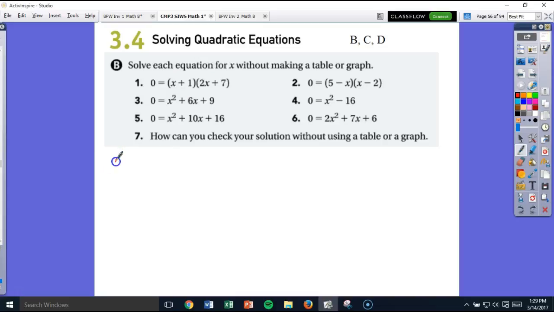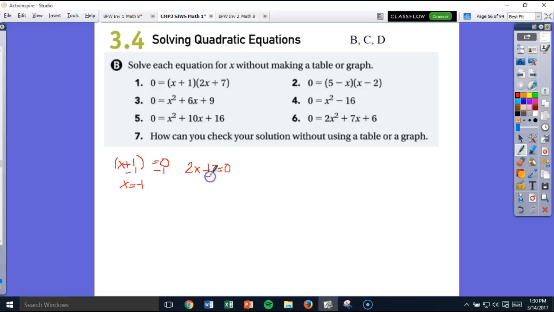So if we have x plus 1 equals 0, then we're going to go ahead and subtract 1 from each side, and we wind up with x equals -1. The other part would be 2x, and I'm just not going to put the parentheses on it this time. 2x plus 7 equals 0.